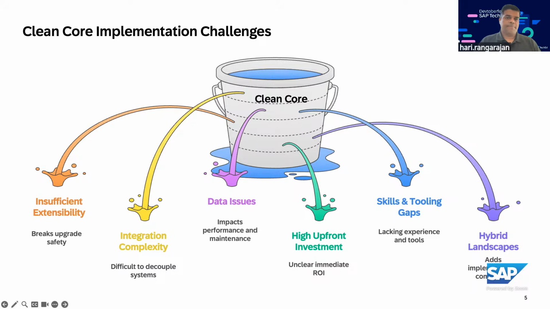Data issues: poor data quality, things like duplicate tables, inconsistent master data, data fields that are repurposed or used in ways that are simply not envisioned or intended by SAP core developers or analysts, unused custom tables or fields. This is what we call ROT, right? So redundant, obsolete, and trivial.